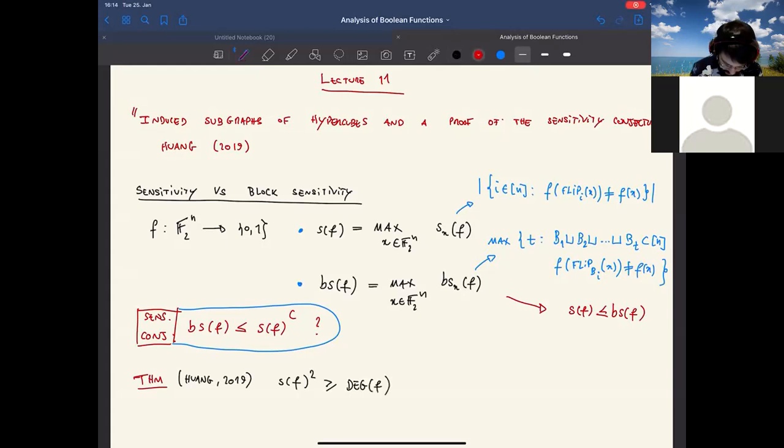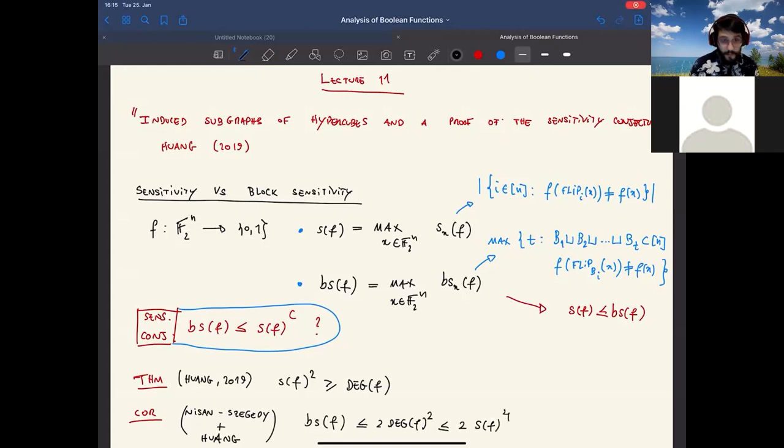And as a corollary, we have the sensitivity conjecture, because we have a result of Nisan and Szegedy. If you pair that with the result of Huang, what you get is that block sensitivity is less or equal than twice the degree of f squared, and that's less or equal than twice the sensitivity of f to the power 4.